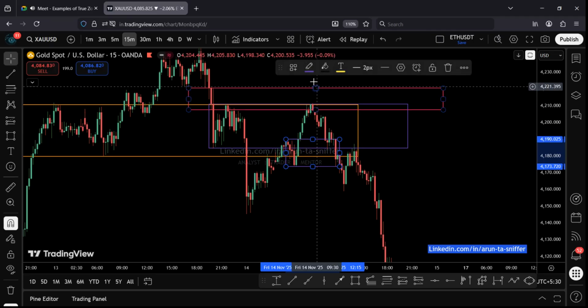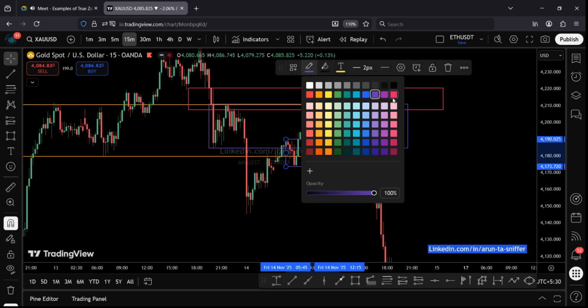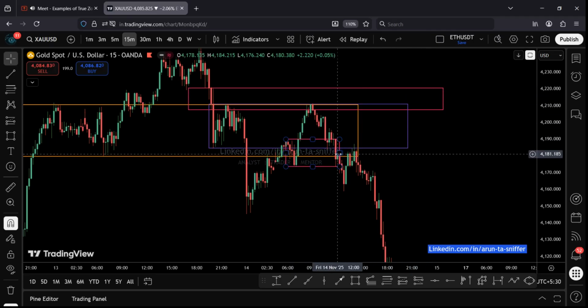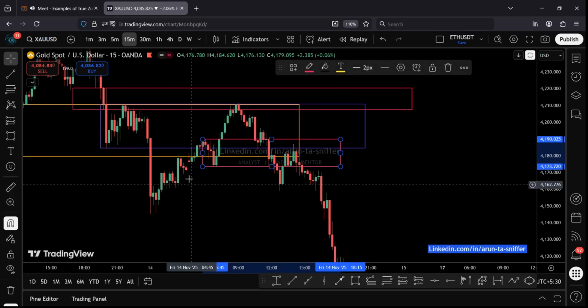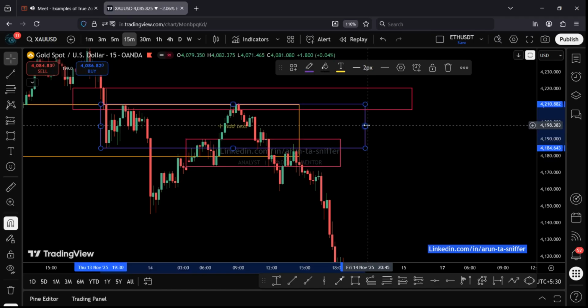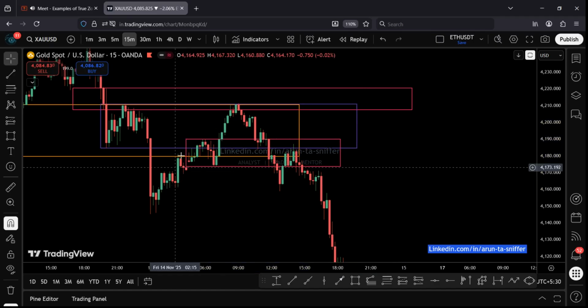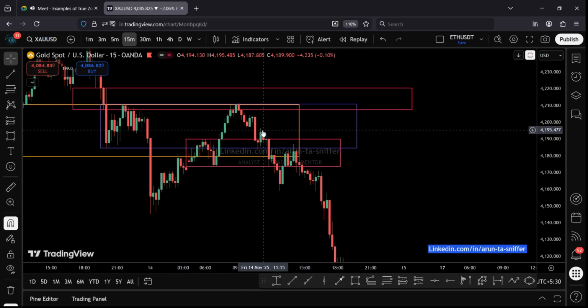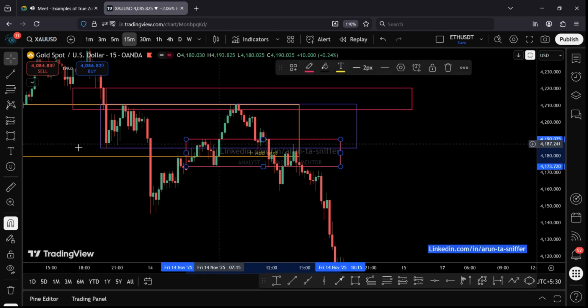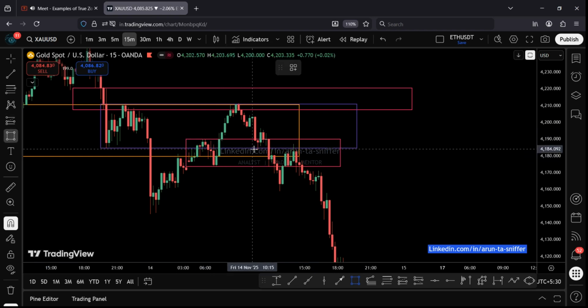This is the DP here. And this has stayed here. The DP was engulfed completely. So what happened? Price goes back to this DP of this zone here.